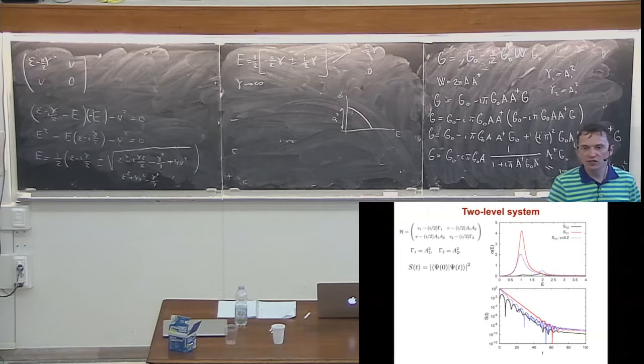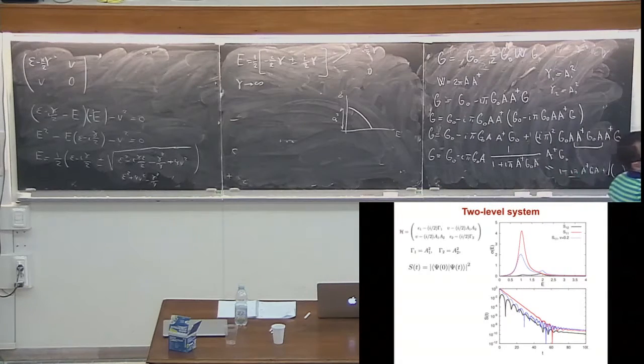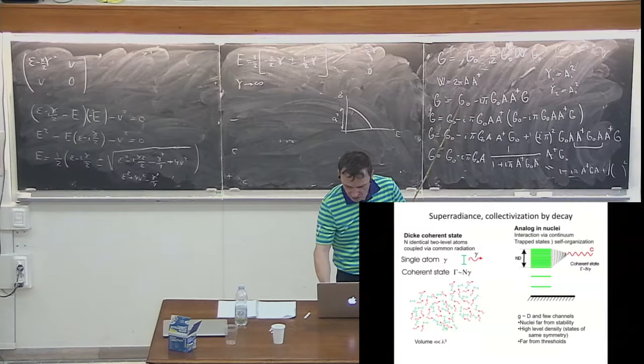But because of interference of these two resonances, this exponential behavior is not exactly exponential. It's modified with these various oscillations, right? And these are different curves here corresponding to different choices of parameters, and the corresponding time dependencies are shown below.